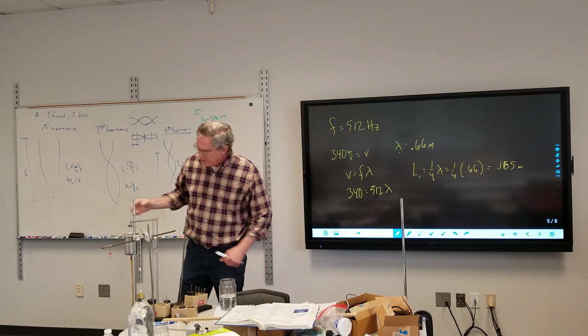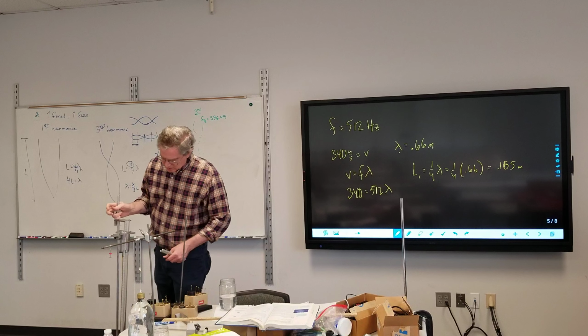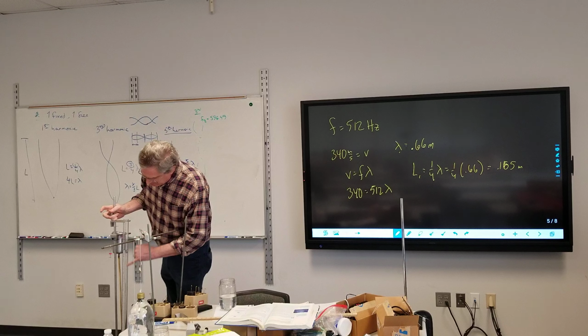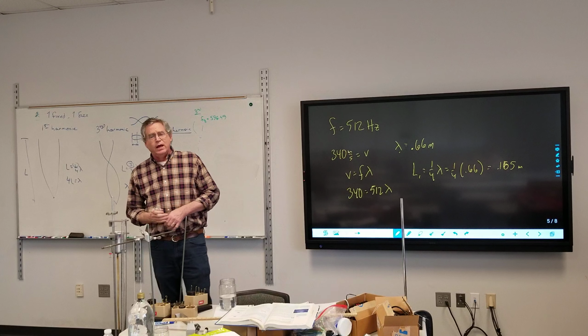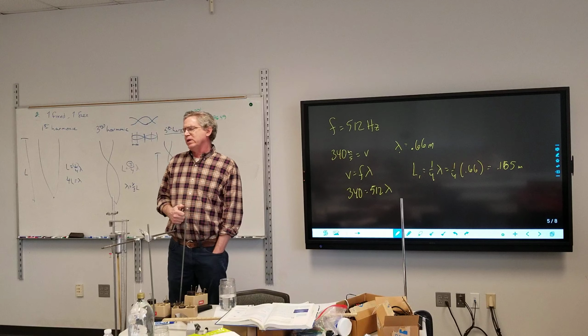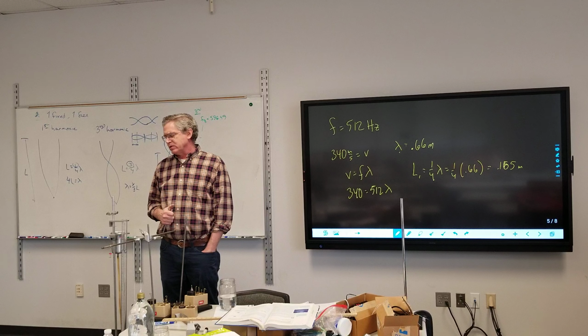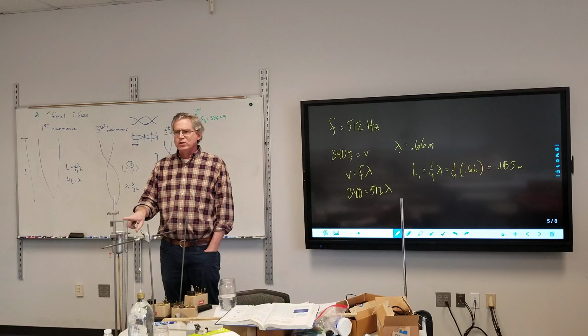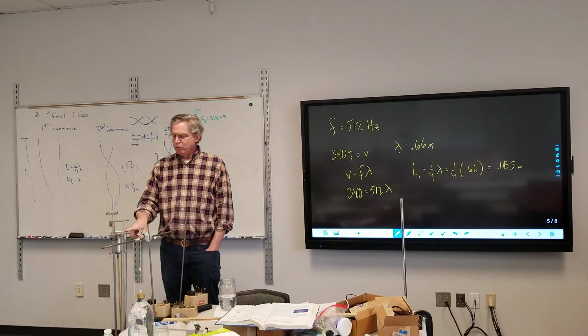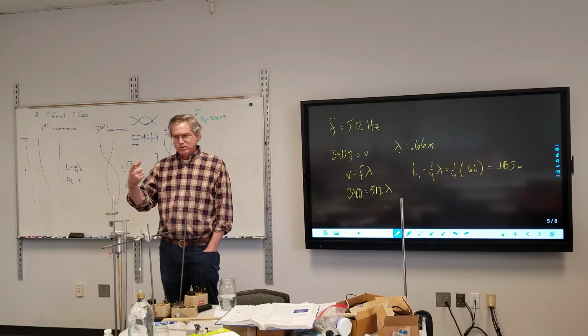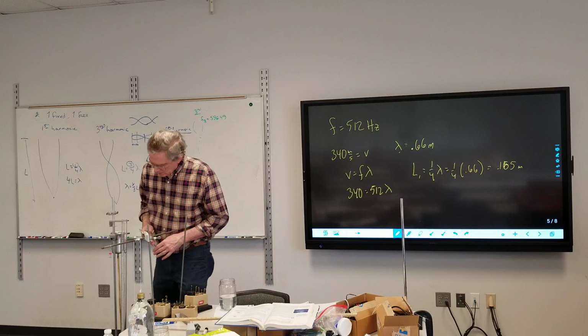Now we do have measuring tape on the side here. And for some reason, and I thought I had an explanation at one point, but I'm not 100% sure of that, 0 starts 2 centimeters below the top. So whatever we read on here, we just need to add 2 centimeters to it.